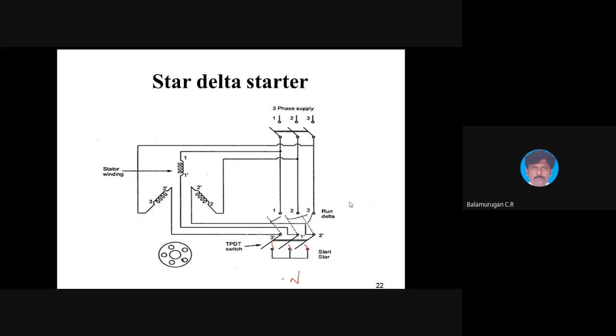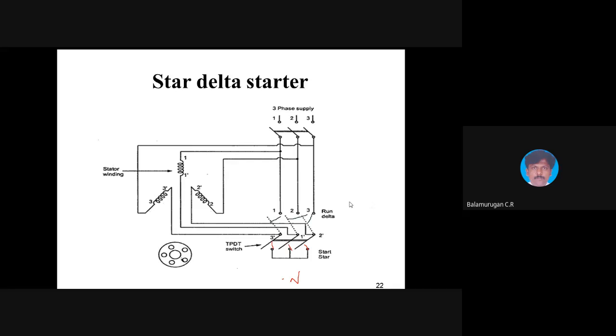Into running, you can write ZP divided by VL into root 3. If you cancel the common terms, you will get 1 by 3. So this is during the starting condition, this is during the running condition. This is star connected and this is the delta connected equation.